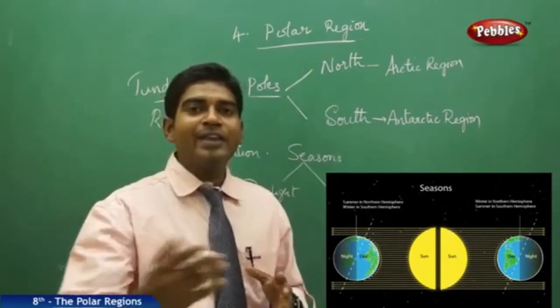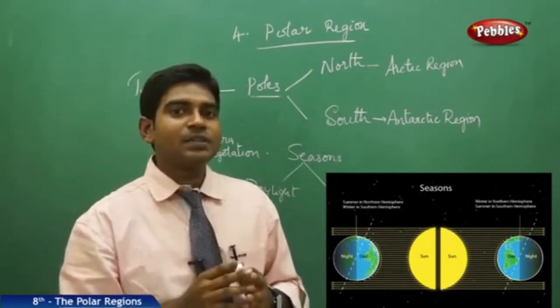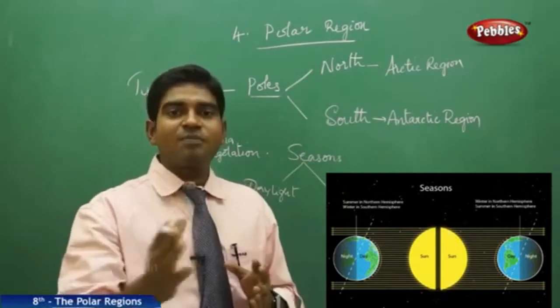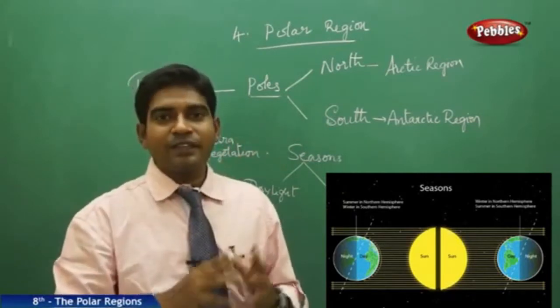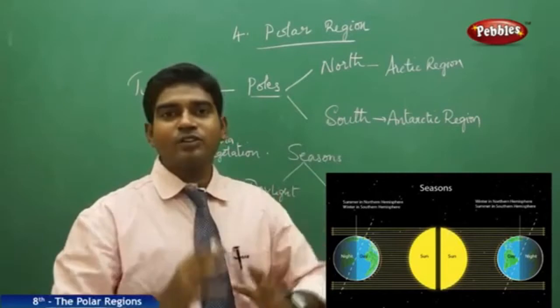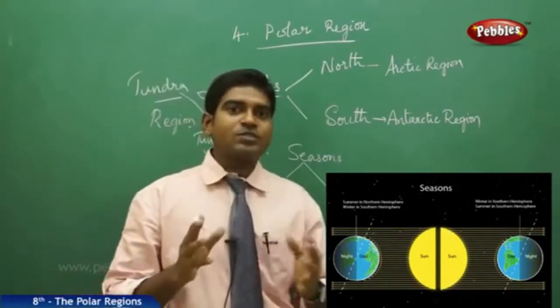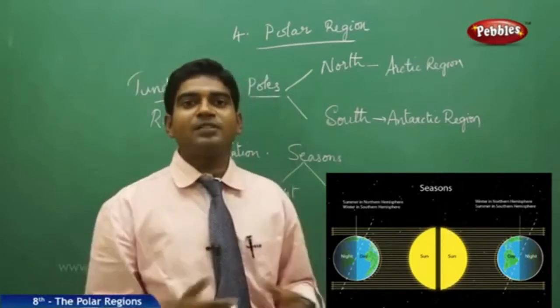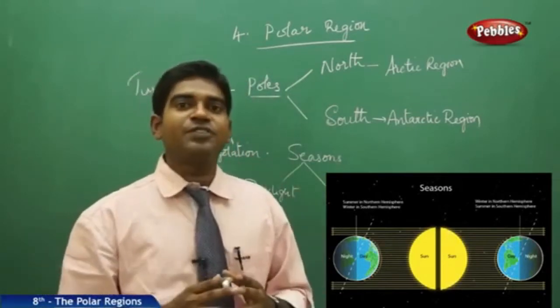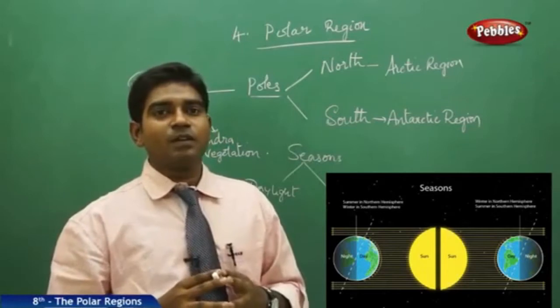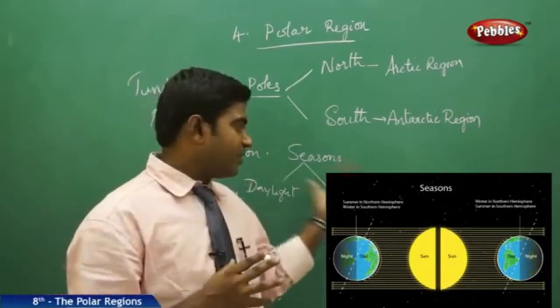The animals and birds start to migrate from one place to another. Even the people, few in population, migrate to other better places in order to survive. So this is the condition during the winter period.